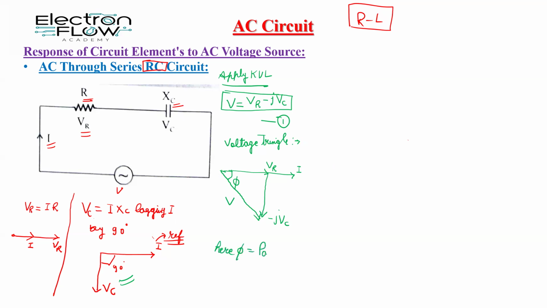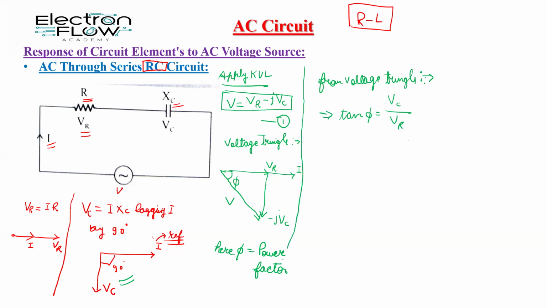From this voltage triangle, we can say that tan of phi is VC divided by VR. So phi is equal to tan inverse of VC divided by VR. This is the leading.